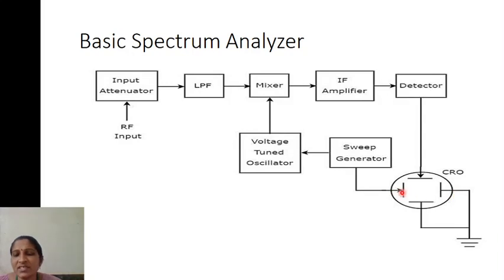Because if we give a sawtooth waveform to the X plates, then only will whatever wave you give to the Y plates be projected on the CRO screen. That is why we provide the sawtooth waveform to the X plates, and to the Y plates, whatever waveform you need to measure is given.